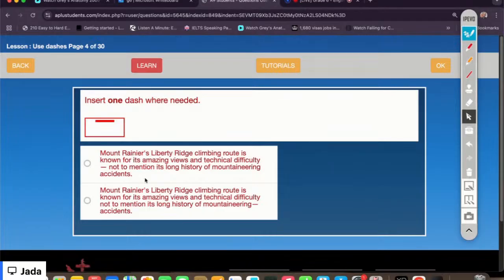Okay? So we have Mount Rainier's Liberty Ridge climbing route is known for its amazing views and technical difficulty, not to mention its long history of mountaineering accidents.